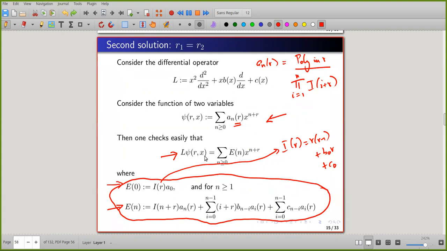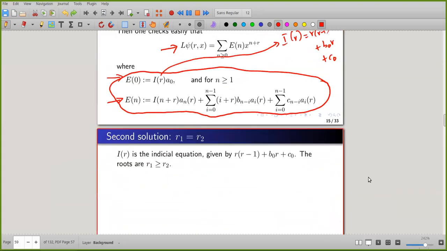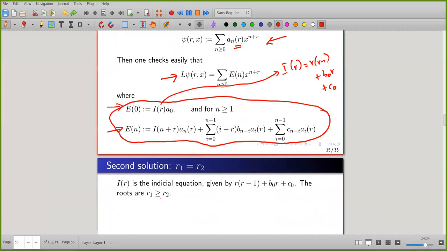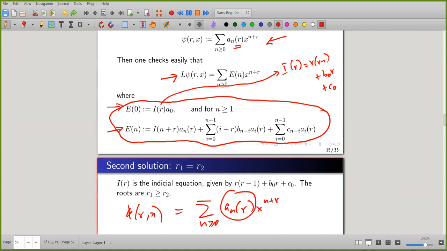After that, we got this equation, L psi, and this is the E_n(r). After this, if you like, I can call this a new psi, let's say define phi(r,x) as the summation over n greater than or equal to 0 of a_n(r) x^(n+r), where these a_n(r)'s are defined by this equation over here.